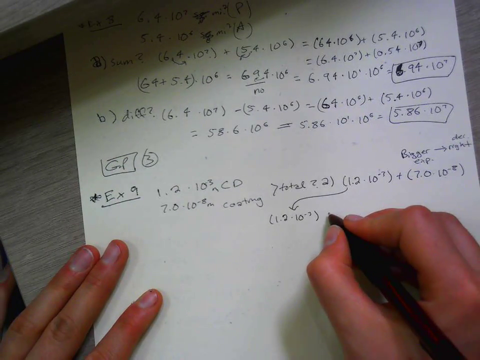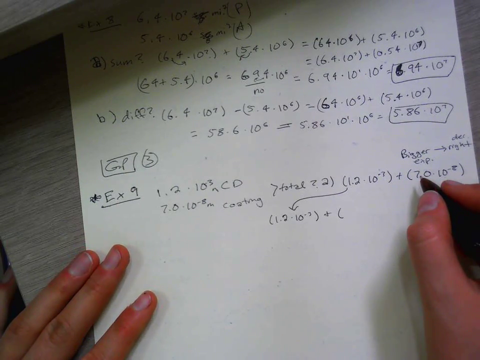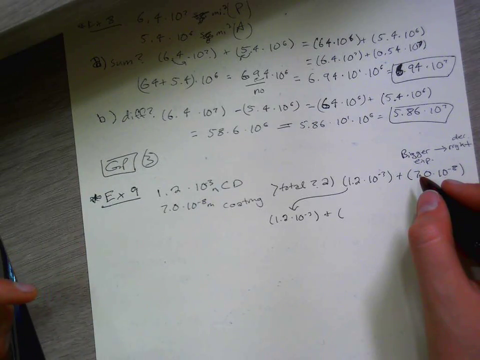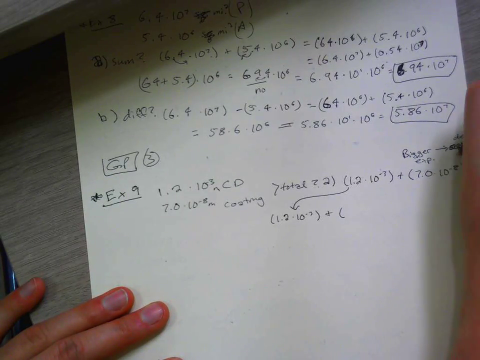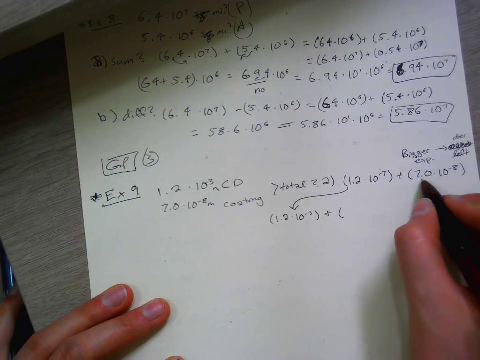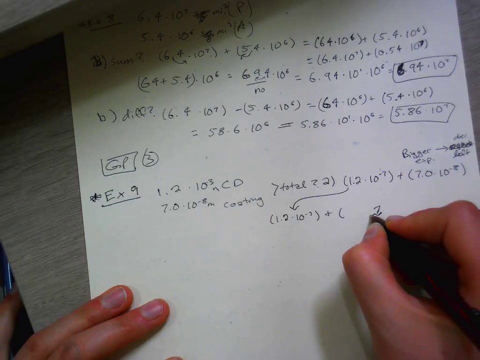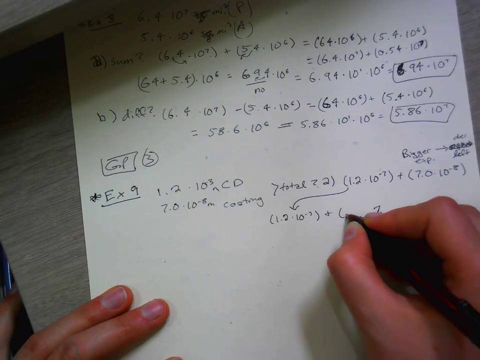Okay, let's practice that. Sorry, I said that wrong. We move the decimal left. Bigger exponent, we move it left. So we start with a 7. We go 1, 2, 3, 4, 5. Decimal place is here.